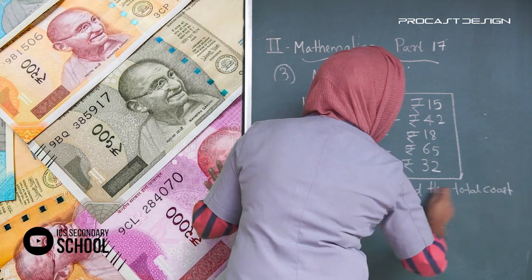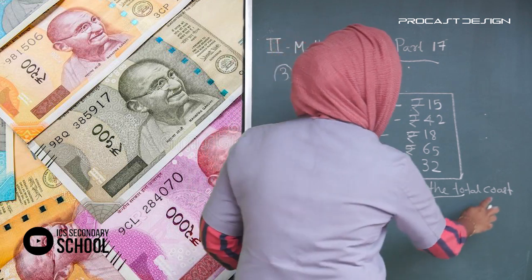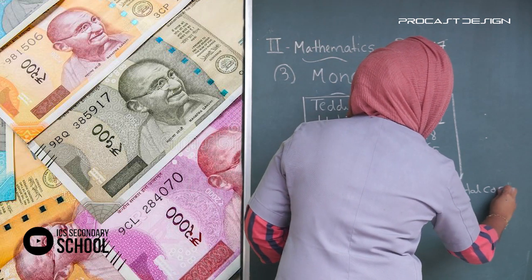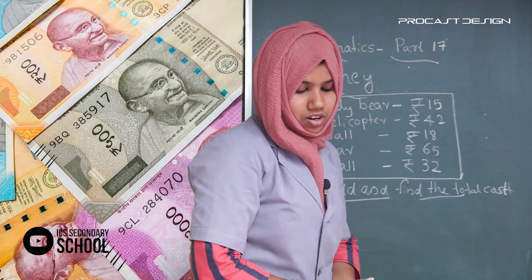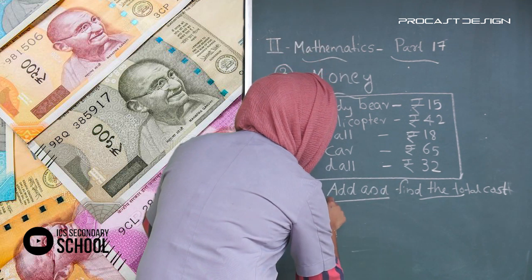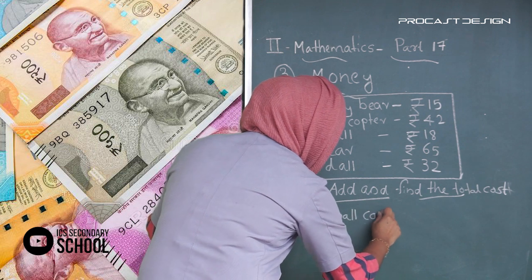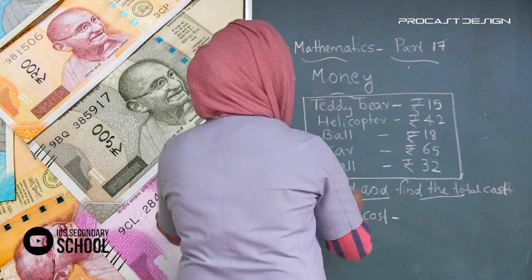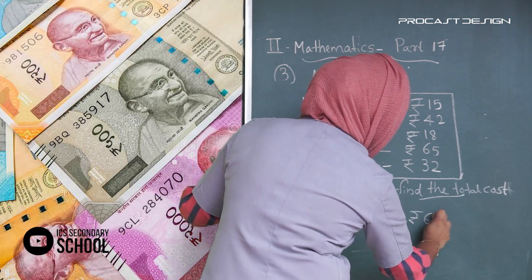First, a ball costs how many rupees? Ball costs 18.